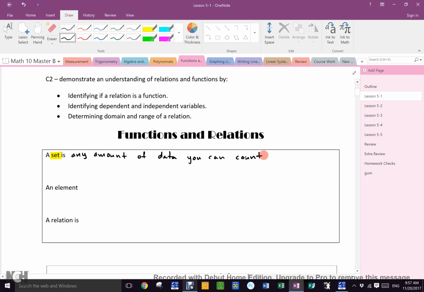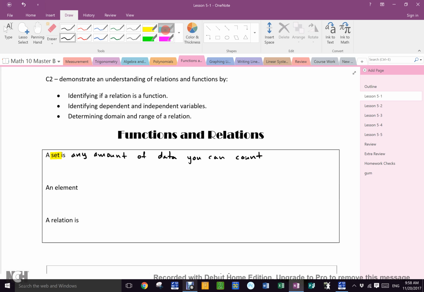And each of those sets is made up of things we would count. How many people have earphones? How many people have cell phones? How many people have an iPhone? How many people have a Samsung? How many people have an LG? Whatever. We could do a million different sets. Okay. So the set is any amount of data that you can count. Any amount. Including 0. Cool?